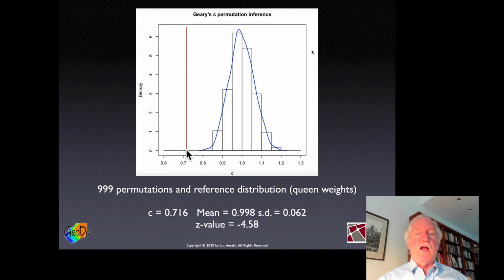So the value of 0.716 that we obtain empirically is so extreme relative to the values that we would get under randomization, under spatial reshuffling, that we clearly conclude that we can reject the null hypothesis of spatial randomness in favor of positive spatial autocorrelation. Why positive? Because the Geary C is less than 1.